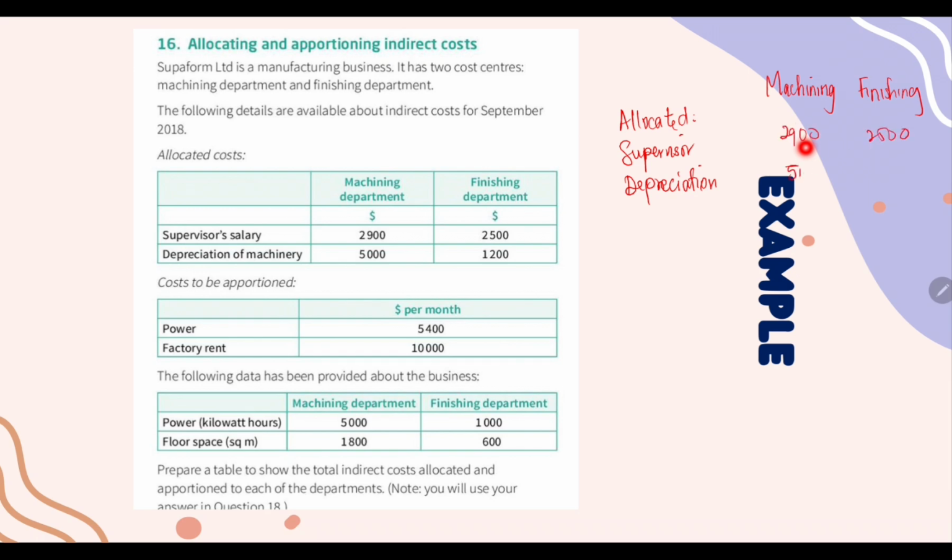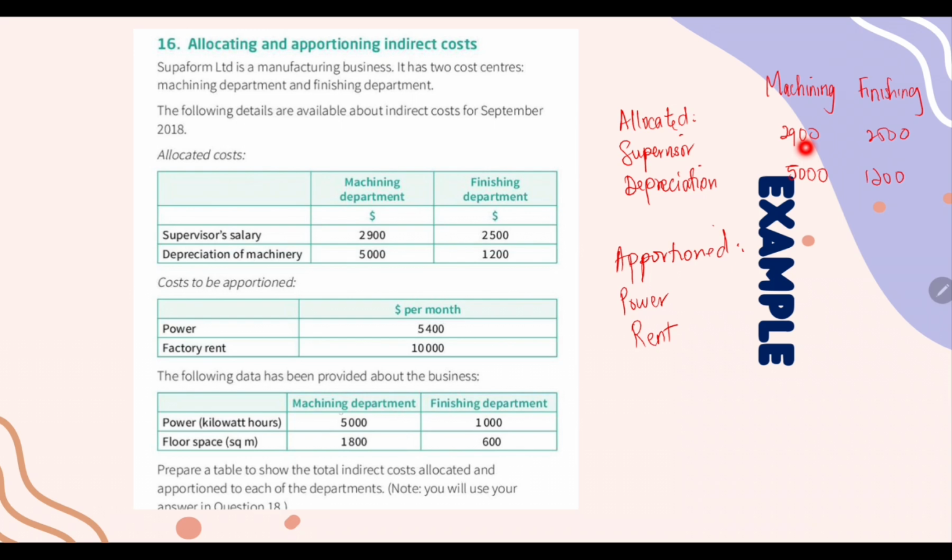Then we have 5,000 and 1,200. So far good. For costs to be apportioned, we have power and we have rent. These have to be calculated. It's not straightforward like allocated costs.